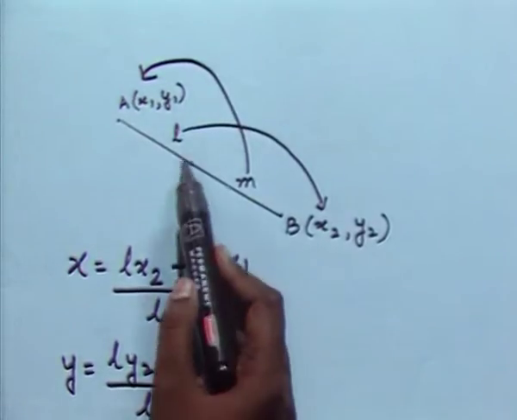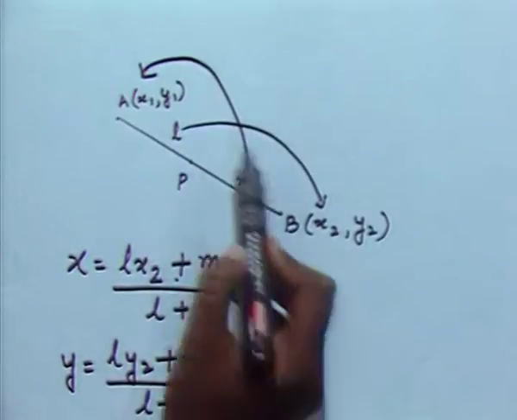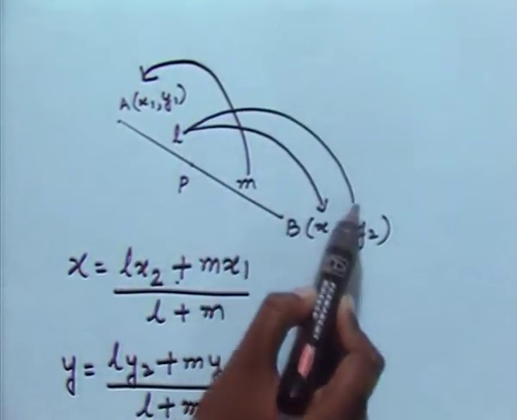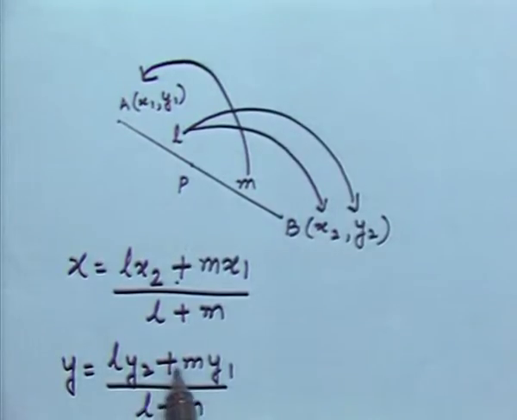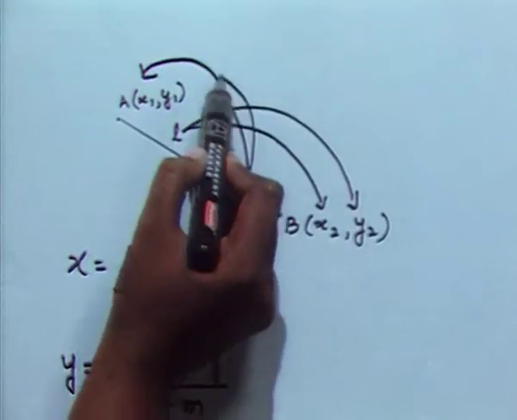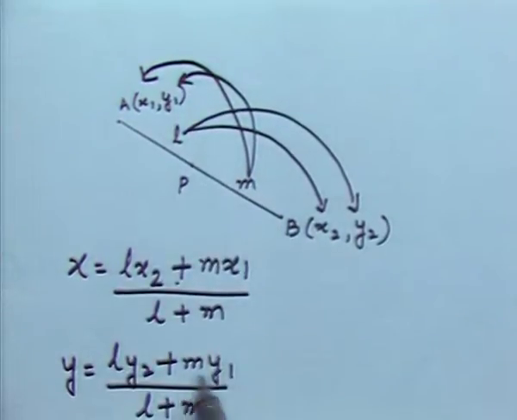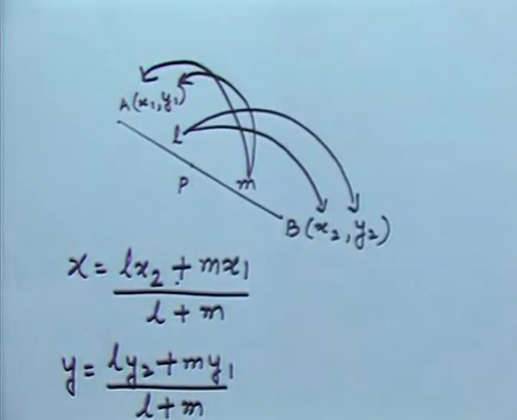Similarly, for the y coordinate, again we multiply L with the y coordinate of the farther point, that is Ly2, plus m multiplied by the y coordinate of the nearer point, that is my1, divided by the sum of the ratios L plus m. I can state it now.